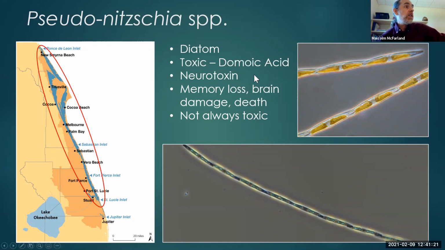And this toxin is out there. We can measure it. We've measured it in the lagoon. And it's also been measured by some of my colleagues in fish and sea turtles. So it's getting into the food chain. So how much damage is it doing? What sort of problems is it causing, if any, is something that we're really interested in trying to figure out.